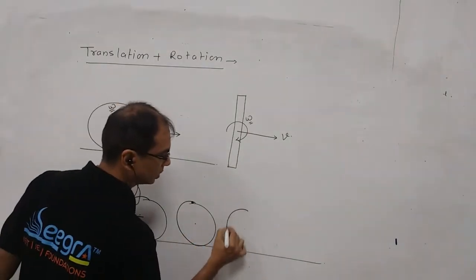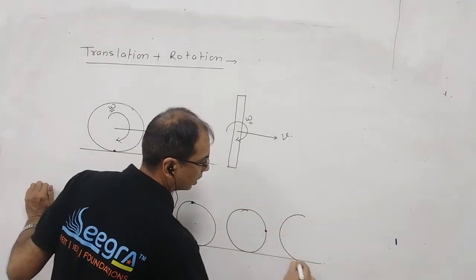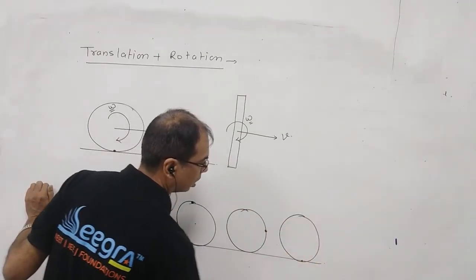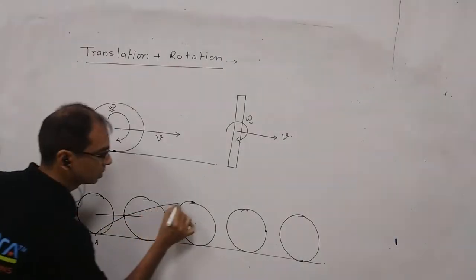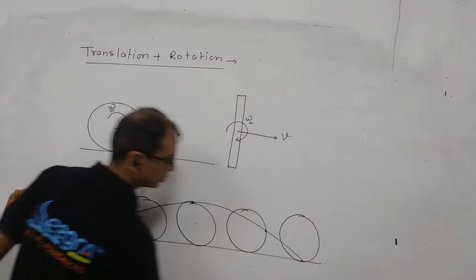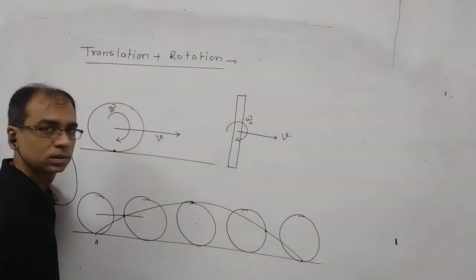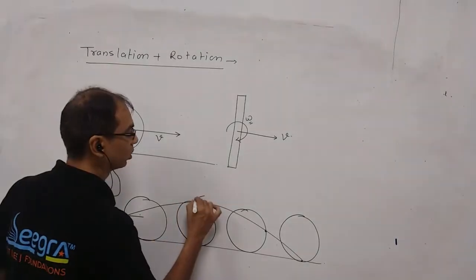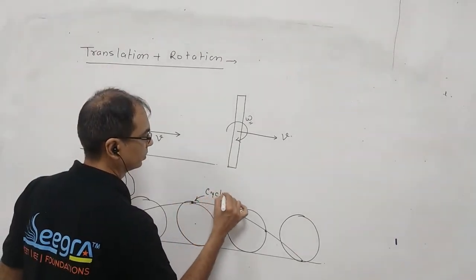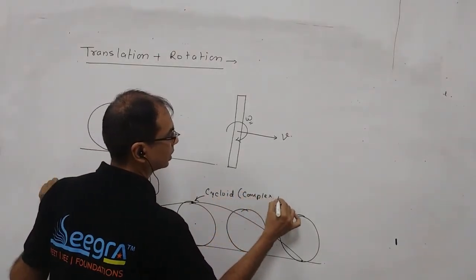At the next instant, maybe A is here, then again A is at the bottom. If I join these points, what is this? Is it a known motion to us? Is it a parabola? No. This is a cycloid. It's a complex motion.